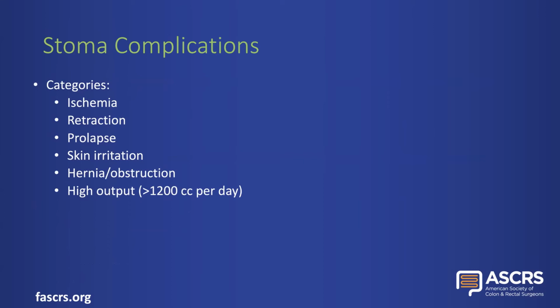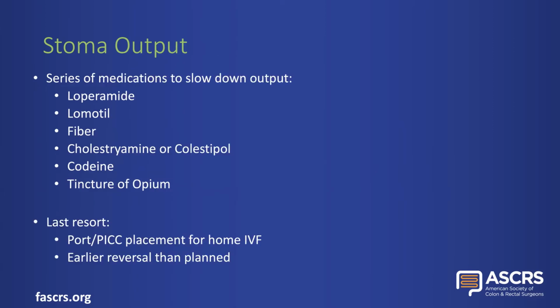Stoma complications have different categories. All these things can happen to your stoma after surgery. High output ileostomies is very common, and we'll briefly touch over ways to deal with that. Ischemia would be your other in-hospital post-operative finding, and the others there can happen once you see them in clinic.